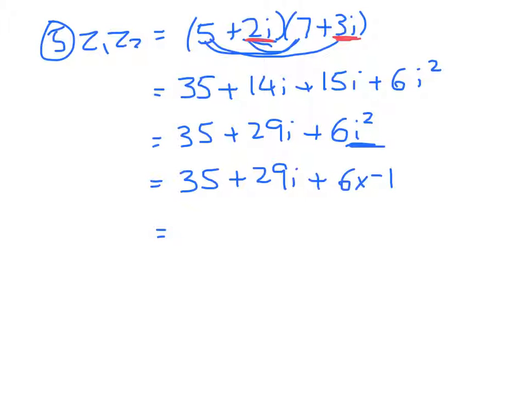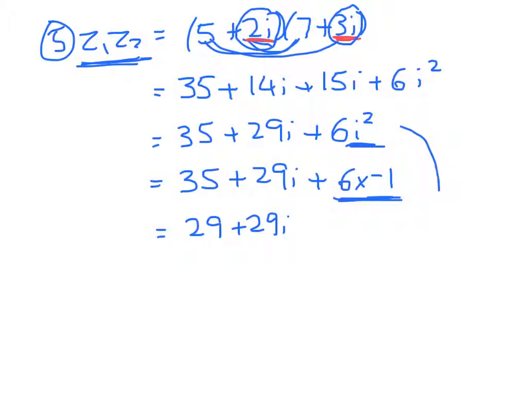Right, which is 29 plus 29i. So when you're expanding or multiplying two complex numbers together, your last term is always going to have an i squared in it. So you're going to have this going on here. So you won't be writing this line out for long, okay, but you probably want to start with.